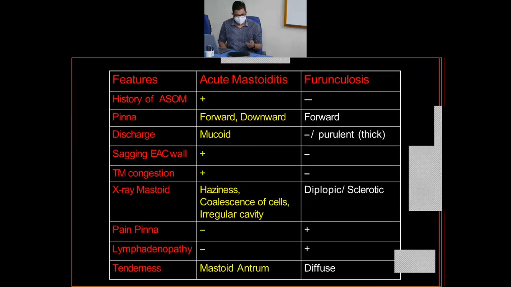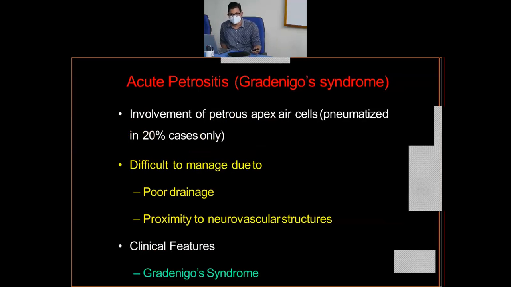Then someone may ask you the differential diagnosis of abscess. Acute mastoiditis versus furunculosis. Furunculosis behind the pinna can also present like mastoiditis.